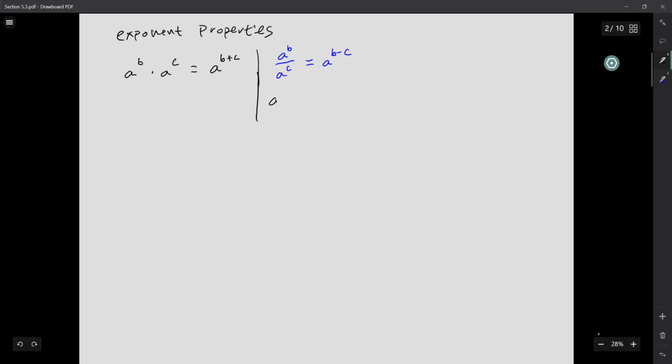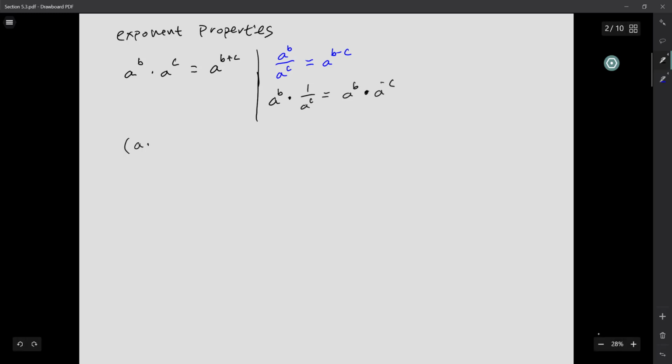Division is the same thing as multiplication by the reciprocal. And a reciprocal is something with a negative exponent, a to the minus c. So I changed my division into a multiplication by utilizing a negative exponent.